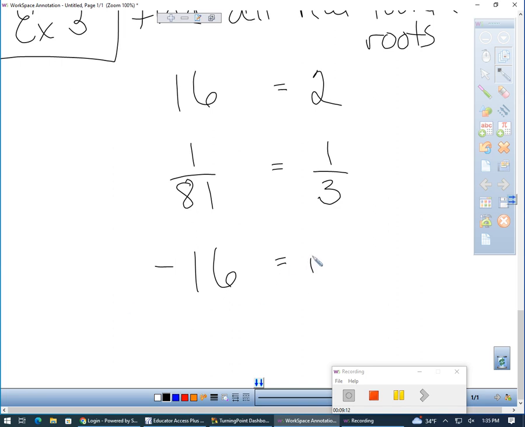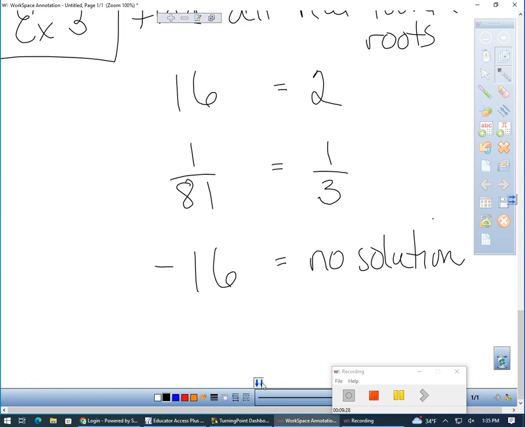No solution. Good. Because it is an even root, you cannot have a negative. Sure. Any question on those? So again, it starts as a decimal, it finishes as a decimal. If it starts as a fraction, it finishes as a fraction.